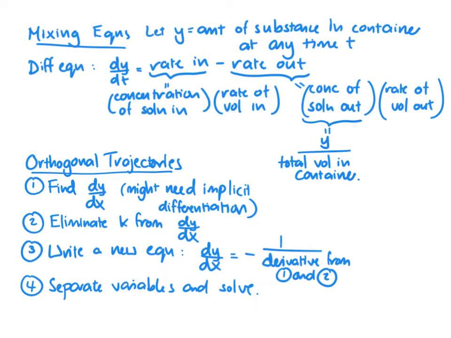What's the other thing I should say? With the mixing equations, the rate of volume going in and out do have to be the same to make the equation separable. So that's often what you'll see, like on WebAssign, the rate of liquid going in and out is equal for that reason. All right, so that's our little summary of differential equations here.